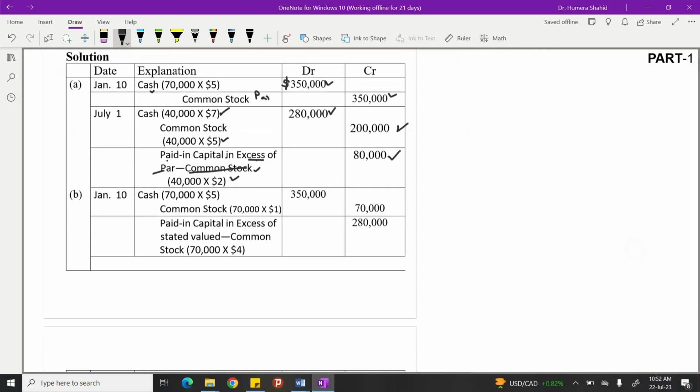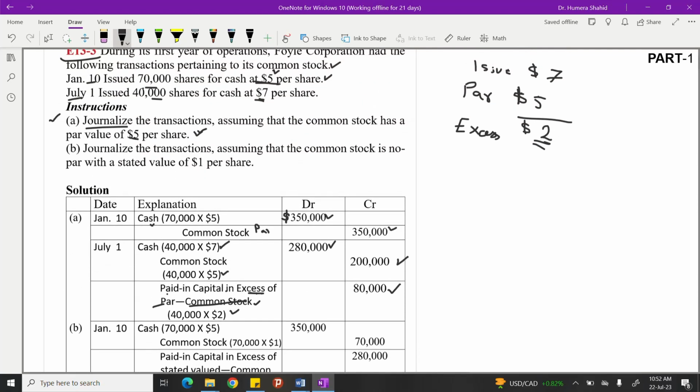Moving on towards part B, do remember that in part B, we don't have par value, we have stated value. But stated value serves in accounting journal entries exactly like par value, and that is $1. And we have to record both transactions again by considering that the stated value is $1.